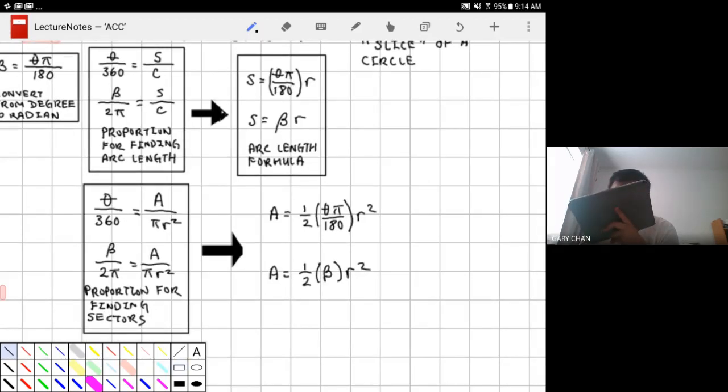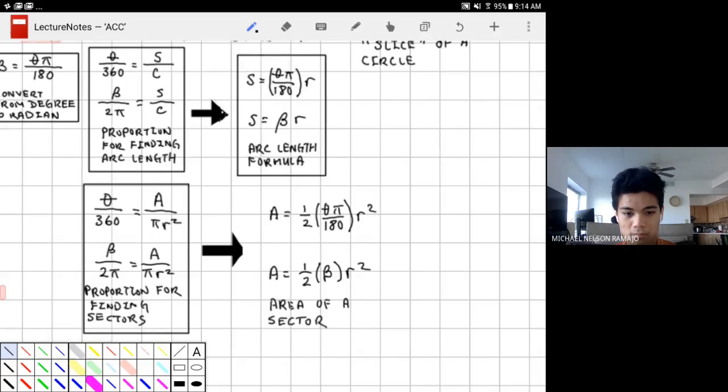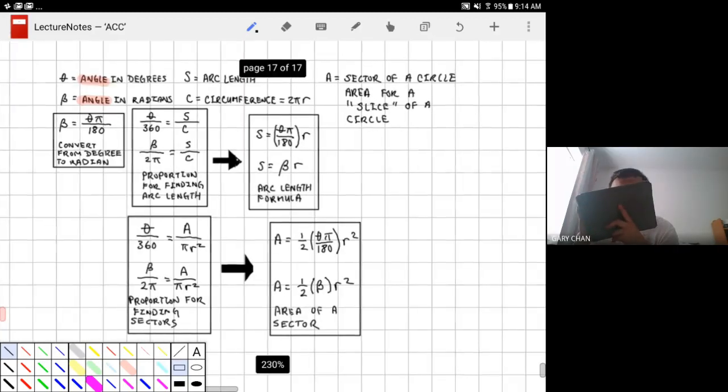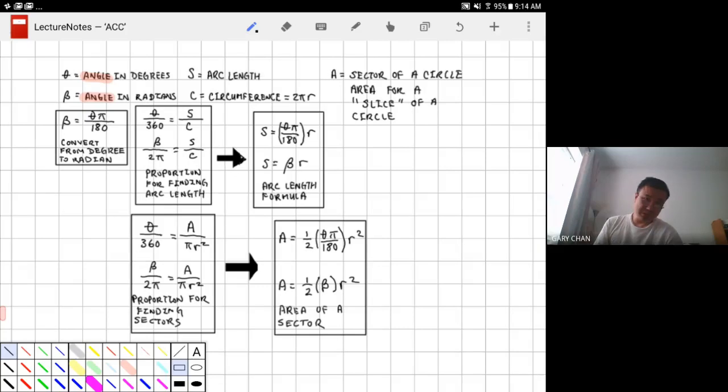And this right here is to find the area of a sector. So these are all the formulas that were achieved last week and this week. If I were you, I would take a screenshot of this, or definitely have this written down somewhere.